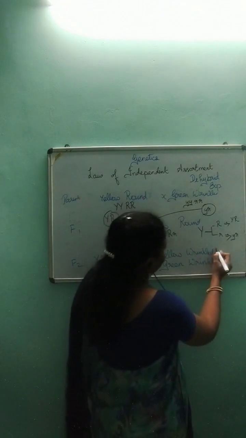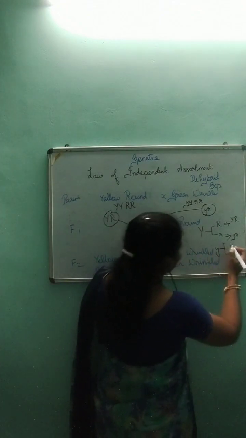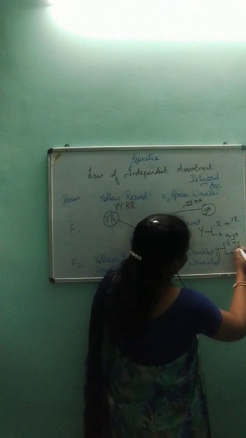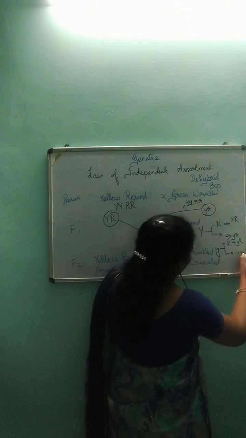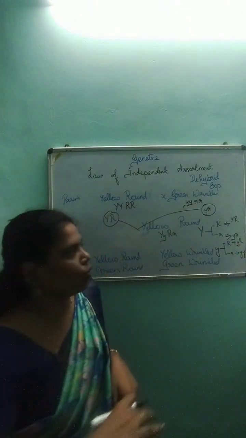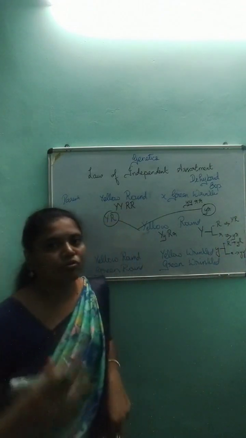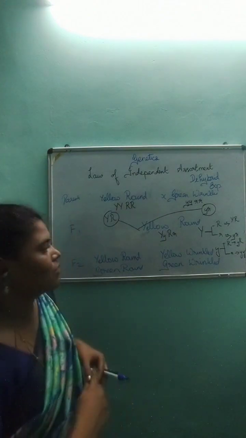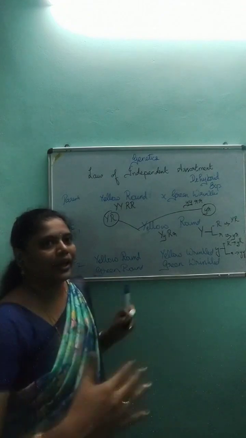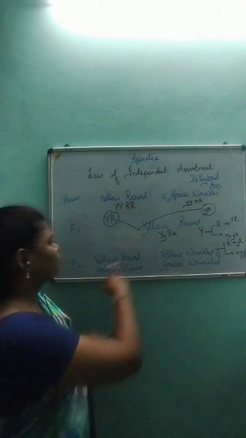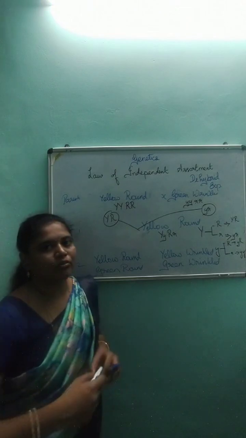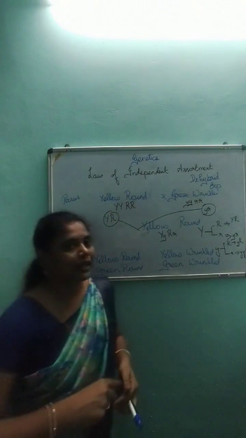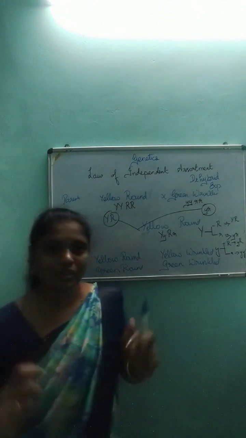Similarly, small y can also assort independently and pair with both alleles, producing gametes with the other genotypes. So four types of gametes are formed from the F1 cross. When these four gametes pair again, the four types of F2 plants are expressed. So this is all about the law of independent assortment. Is it clear? Thank you.